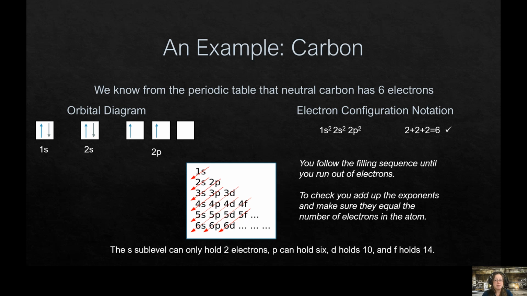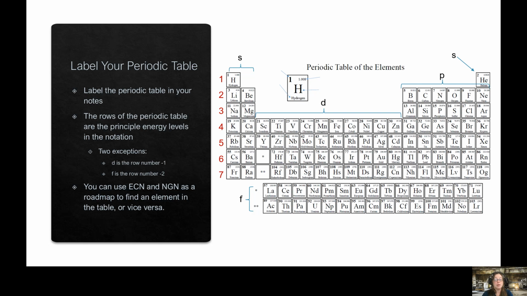Now there's another way to think about electron configuration notation, and you can think of it as a roadmap. So we're going to label the periodic table that's in your notes, not the one that's for your labs, because they're a little different. The rows on the periodic table are your principal energy levels in the notation. So you've got 1, 2, 3, 4, 5, 6, and 7 down that left-hand side. There are 2 exceptions.